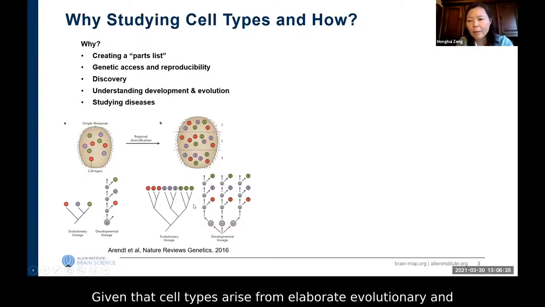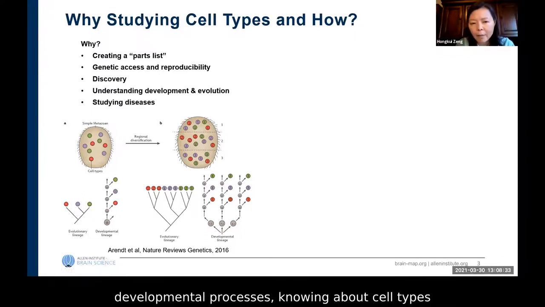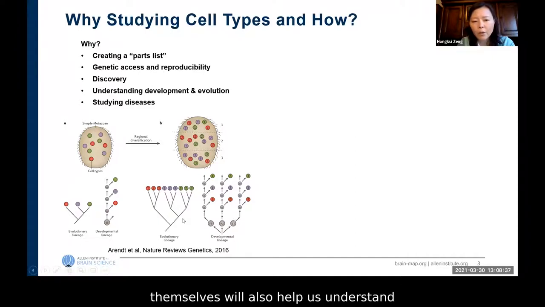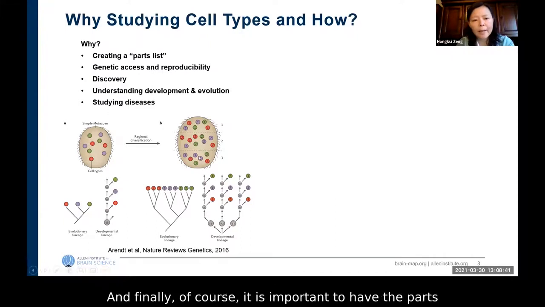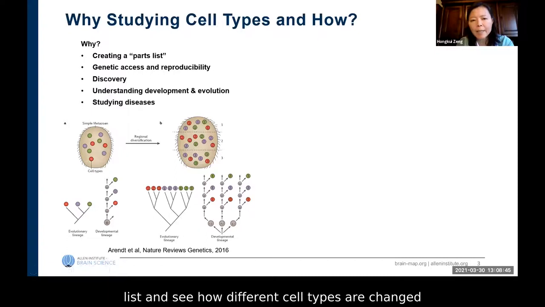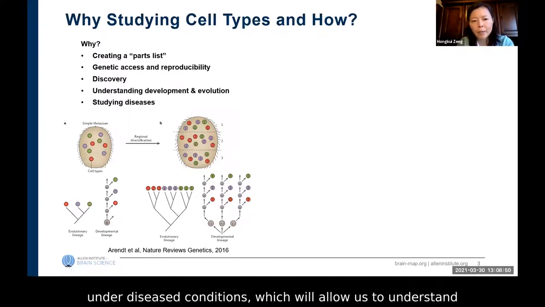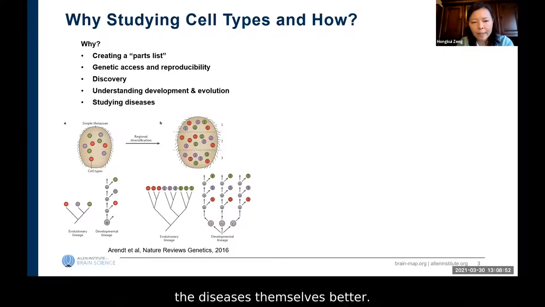Given that cell types arise from elaborate evolutionary and developmental processes, knowing about cell types themselves will also help us to understand evolution and development. And finally, of course, it is important to have the parts list and see how different cell types change under diseased conditions, which will allow us to understand the diseases themselves better.